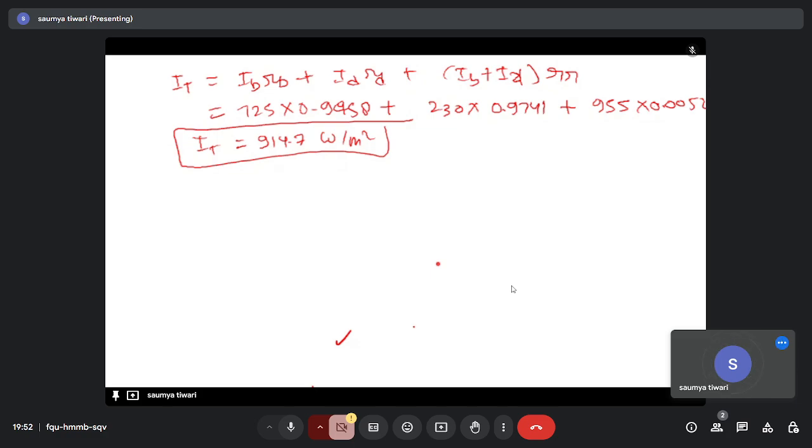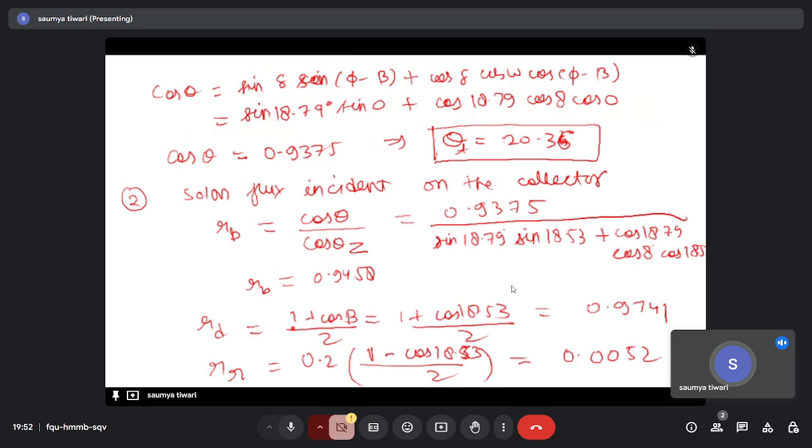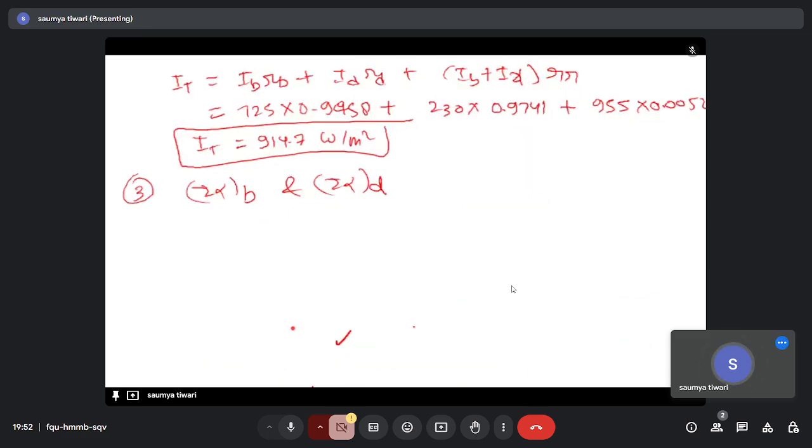Now, if you want to calculate tau alpha for beam and tau alpha for diffuse radiation, how will you calculate it? We know the angle of incidence, theta 1, which is 20.36.